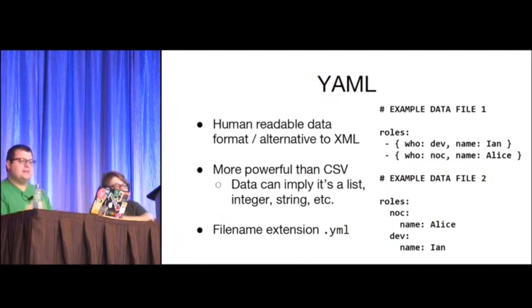YAML is a human-readable file format for describing data in a structured way. It's very similar to JSON. You have key value pairs, dictionaries, lists, arrays, that sort of thing. What's nice is that with YAML, you can indicate that a value is an integer or a string just in the way that it's encoded in the YAML file.